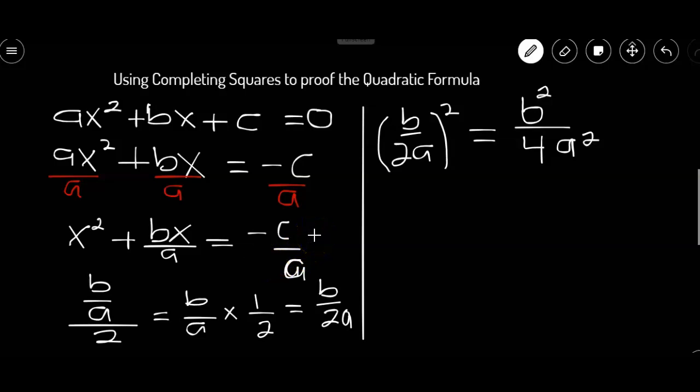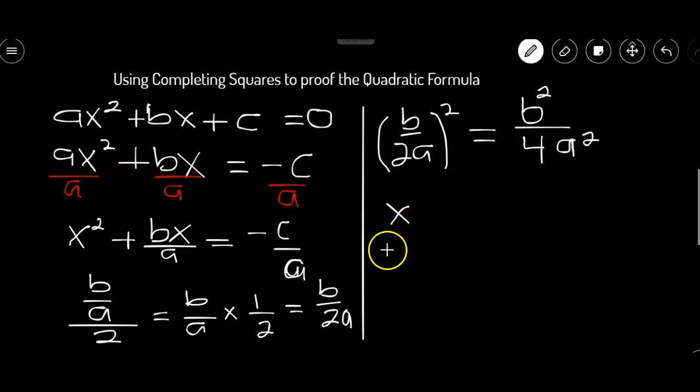But remember from our previous lesson on completing squares, we realized that when we divide the coefficient of the x by 2, that's the number that usually comes here.